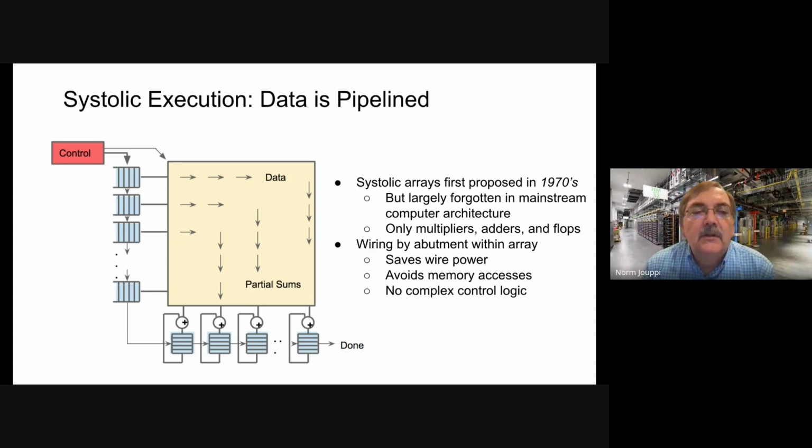So the way a systolic array works is you send in data. Here I've got some queues shown, but you don't have to use queues. You can read it directly out of memory if the memory isn't a cache, but is a scratchpad memory, and that's what we have. And the data travels in one direction across the array, and then the partial sums travel down.